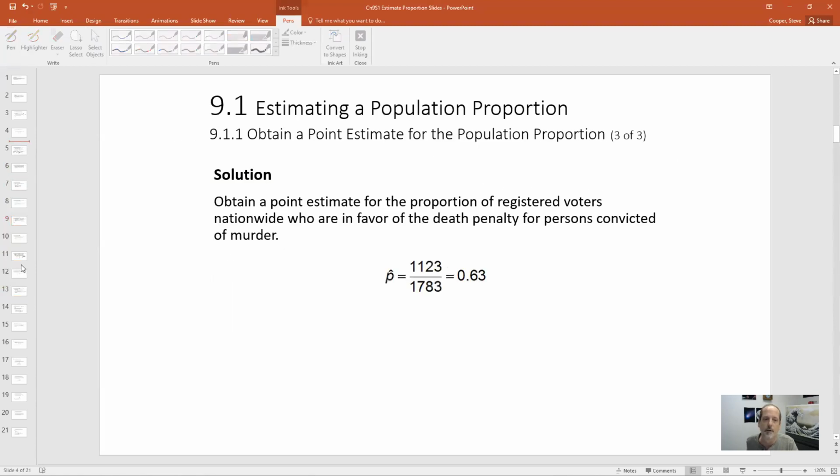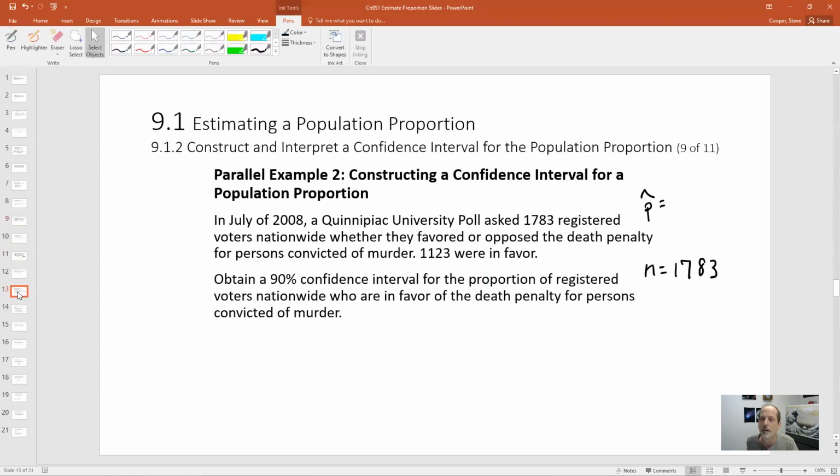Yeah. And that was just the 1123 out of 1783.